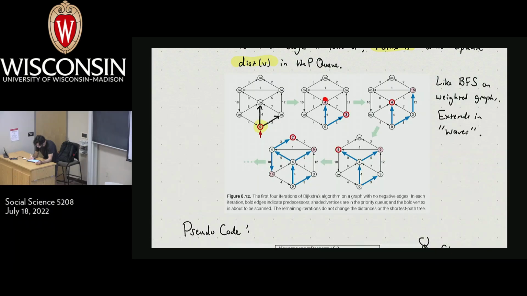So 4 is indicating that node's tentative shortest path. This one's 3. Then next, we're going to do the same procedure on 3. So from 3, we consider relaxing this edge, but we realize 3 plus 7, which is 10, would be worse than the current shortest path, which is 4. So we don't do anything to 4. But we have a new shortest path estimate for this node here, which is 3 plus 12, which is 15.